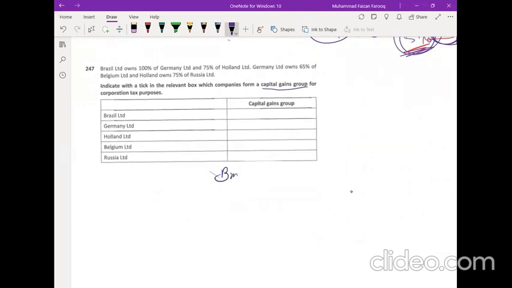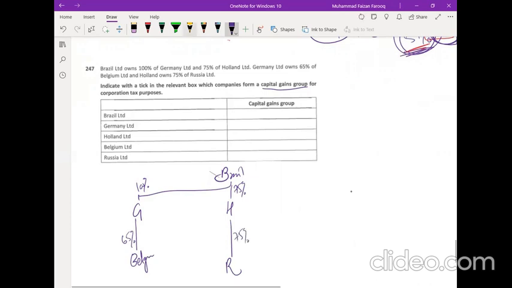So we have Brazil, which owns 100% of Germany, 75% of Holland, then Germany owns 65% of Belgium, and Holland owns 75% of Russia. Now, first of all, we know for capital gains group direct is 75 and indirect is 50. And for 50, we have a rule as well. We will apply the rule.